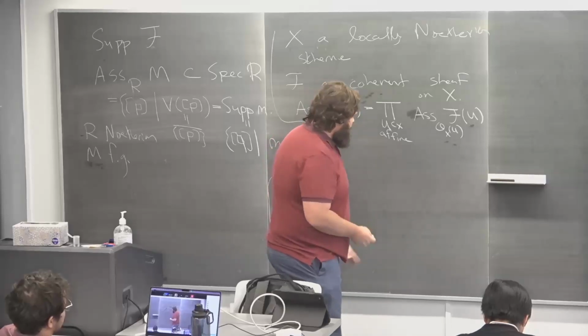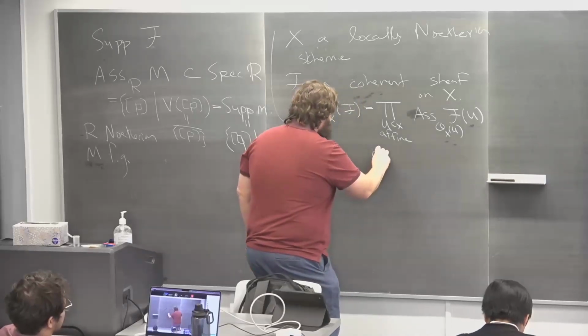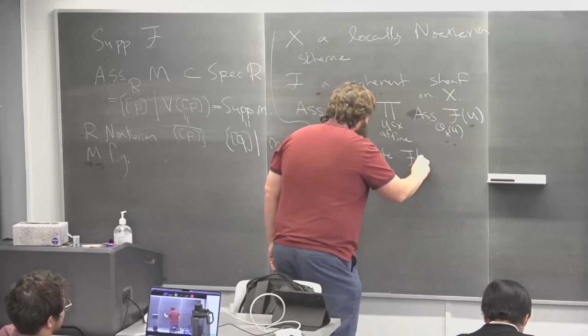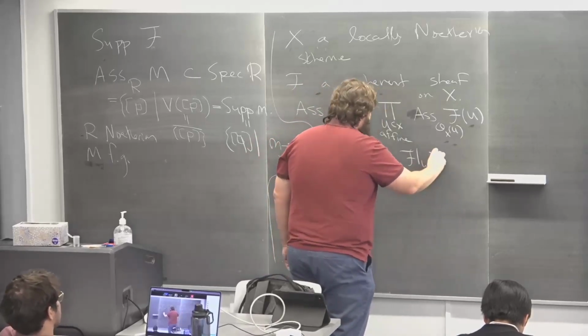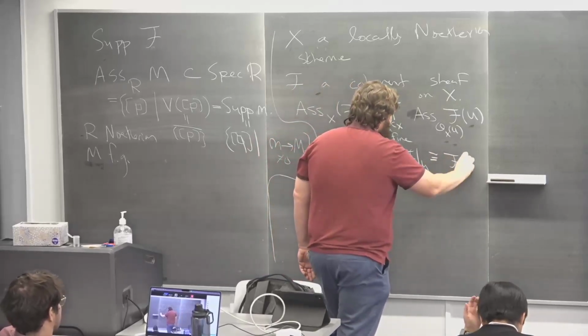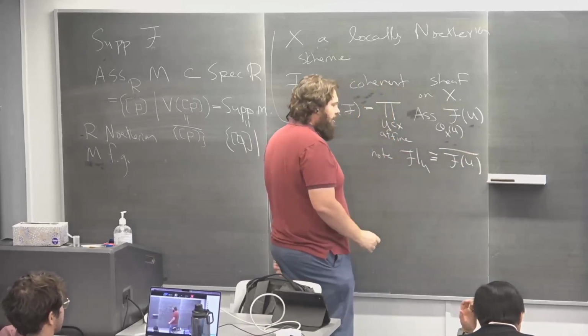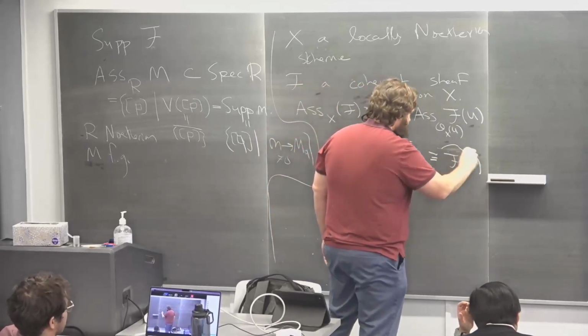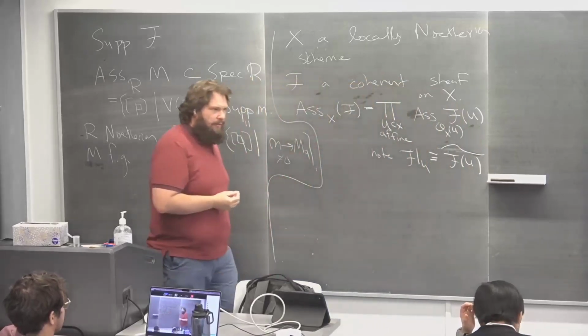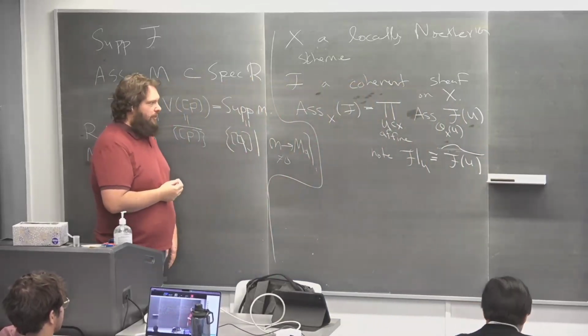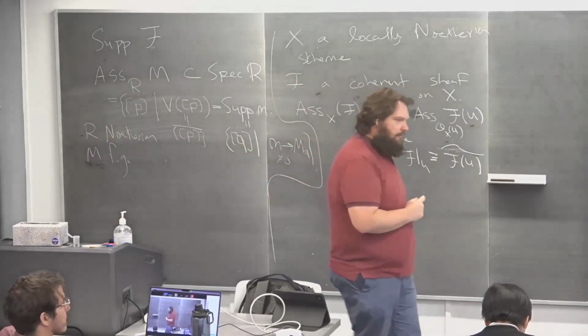So note if I take F and restrict it to U, by the coherent hypothesis, this just means I take the sections of F on U, and I take the quasi-coherent sheaf associated. Okay, yes.